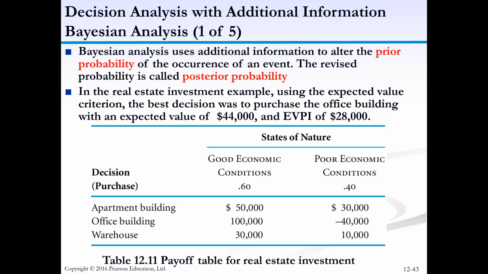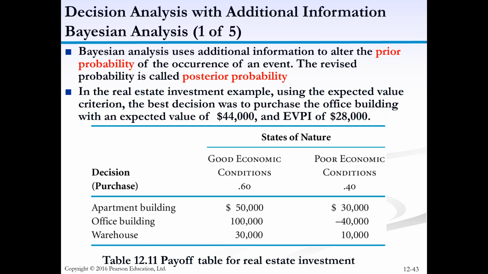All right, now what I will do is I will quickly go through these slides. So decision analysis with additional information is called Bayesian analysis, and Bayesian analysis is used when additional information is there to alter the prior probabilities, and the revised probabilities are called posterior probabilities.